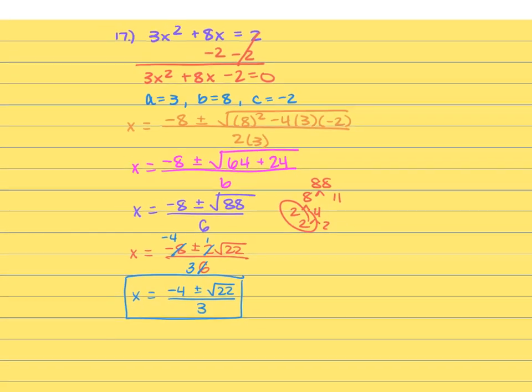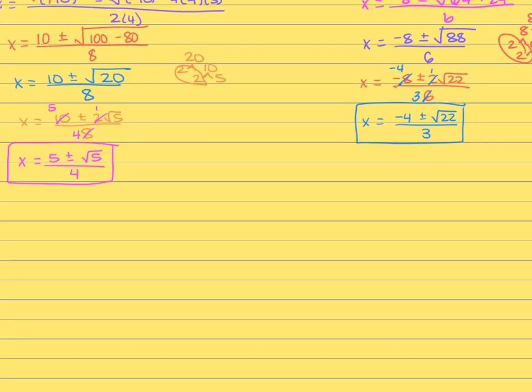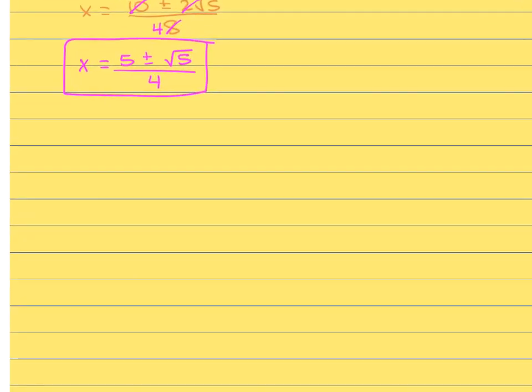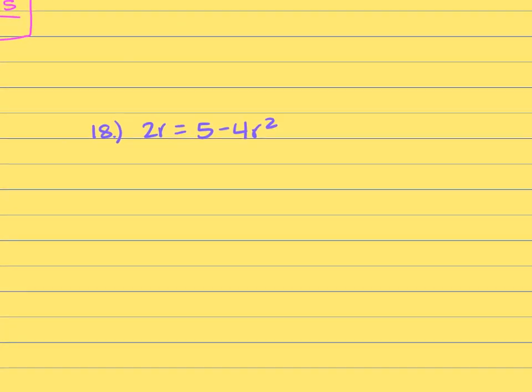For our last example here, for number 18, we are given 2r is equal to 5 minus 4r squared. So I'm going to start by moving that 4r squared over so that way it's positive.